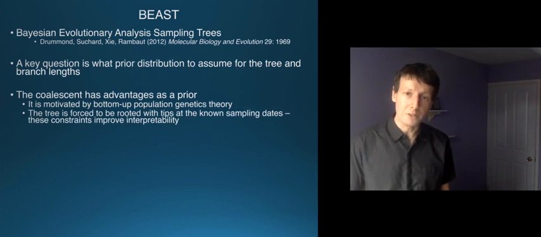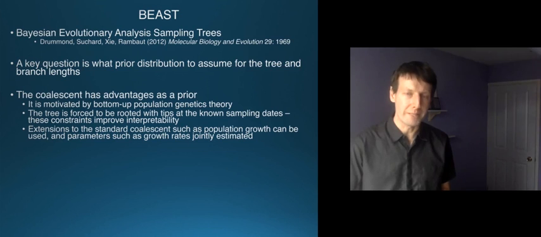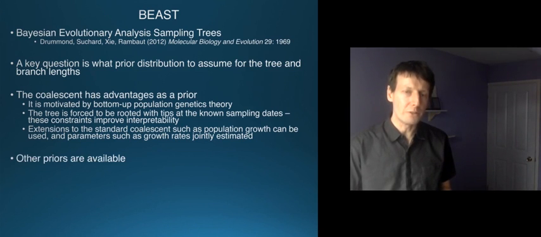In the coalescent, the tree is forced to be rooted with the tips at known sampling dates, and these constraints improve interpretability of trees. And there are many extensions to the standard coalescent, such as population growth, and then the parameters of such growth rates can be jointly estimated along with the tree, which carries through all uncertainty, including uncertainty in the tree itself, into the final conclusions and interpretation that we make.